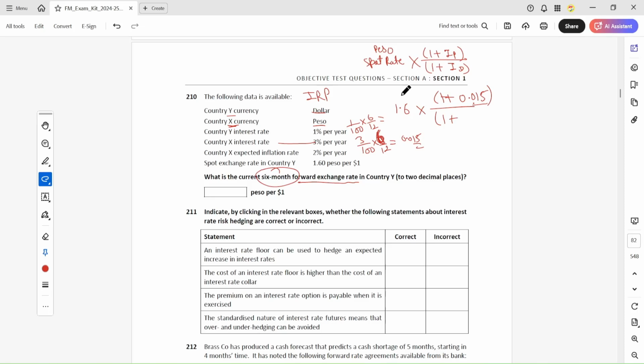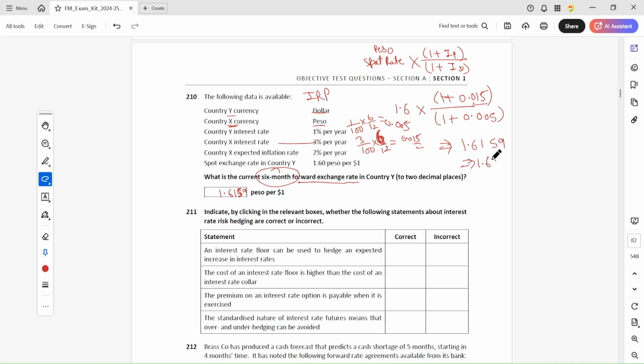And this one, 1 divided by 100 multiplied by 6 divided by 12, is 0.005. So 1.015 divided by 1.005, multiplied by the spot rate, gives about 1.6159.